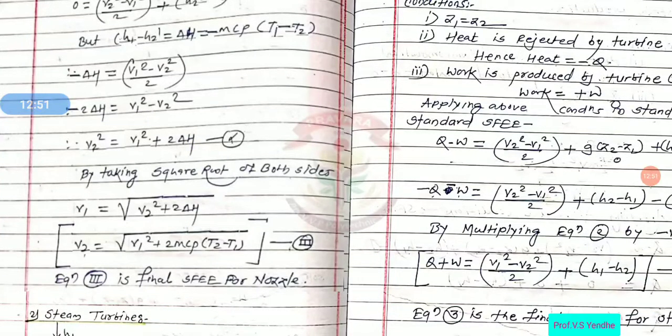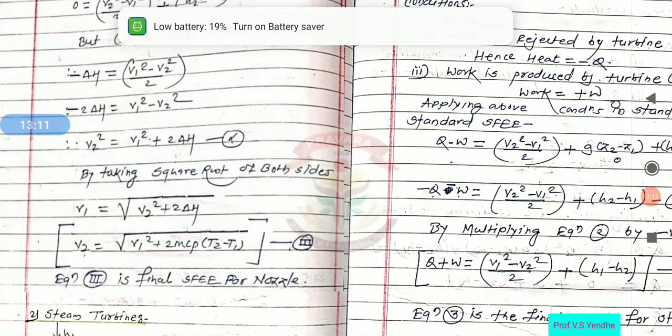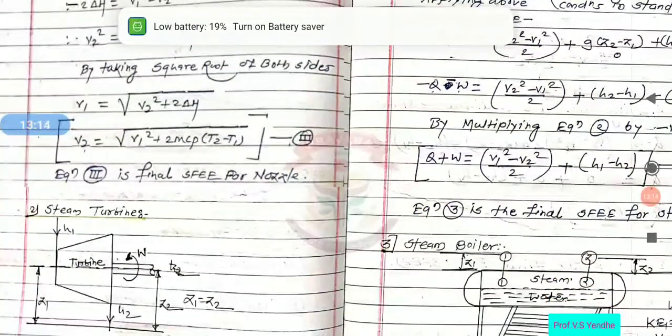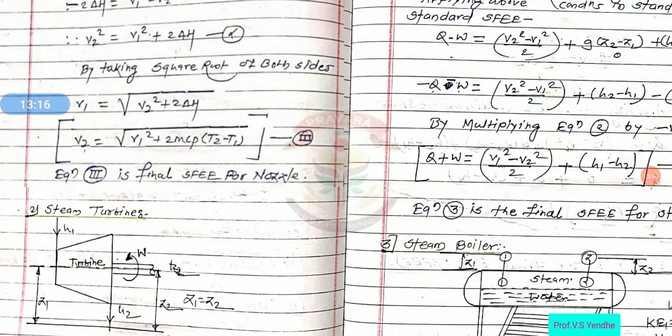By taking the square root of both sides, we get V2 is equal to the square root of V1 square plus 2 delta H. So V2 is equal to the square root of V1 square plus 2 mCp delta T, where delta T is T2 minus T1.